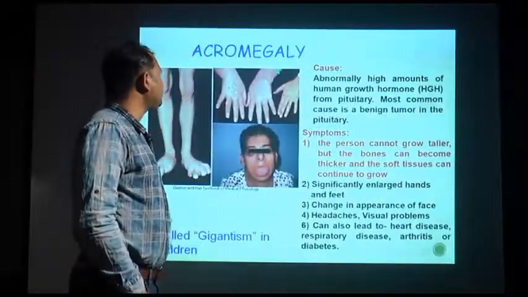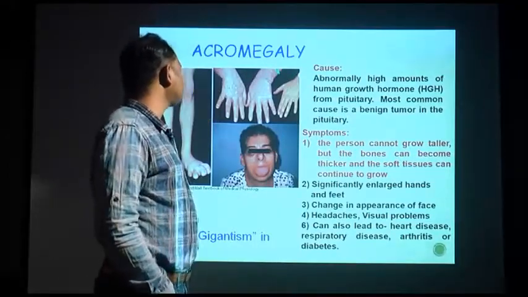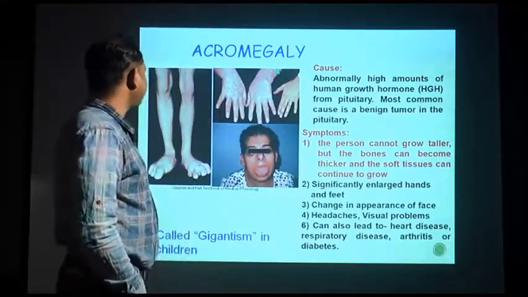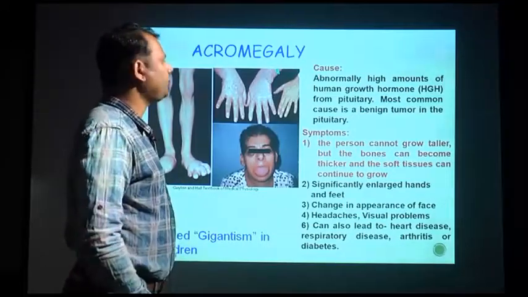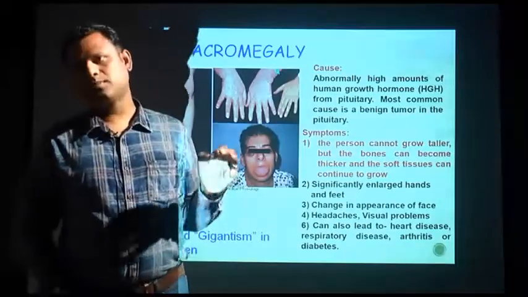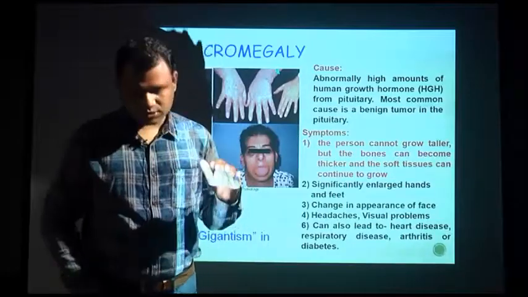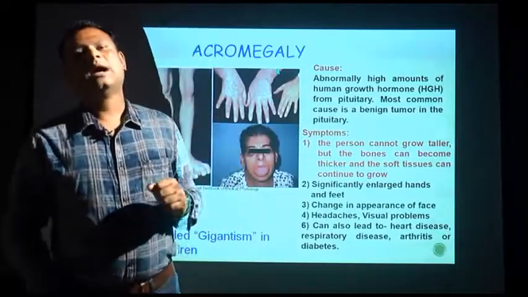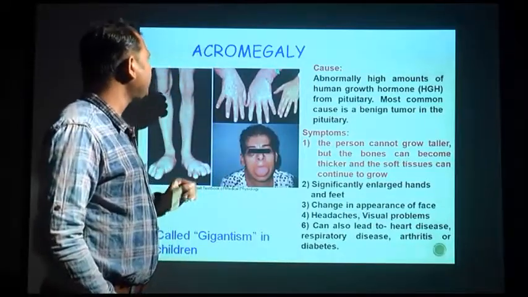Let's see acromegaly. This is one of the major abnormalities of anterior pituitary secretion, that is, an abnormally high amount of human growth hormone. If the normal level of hormone production goes up, this complication happens.